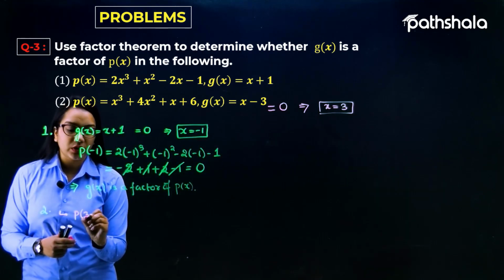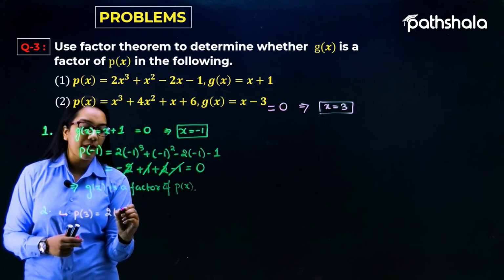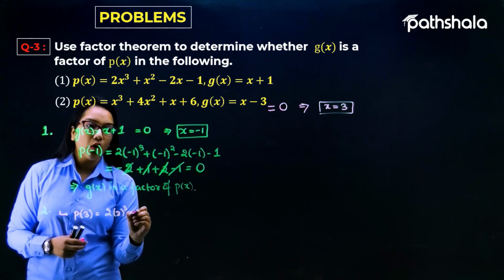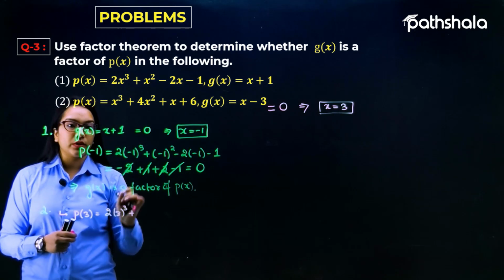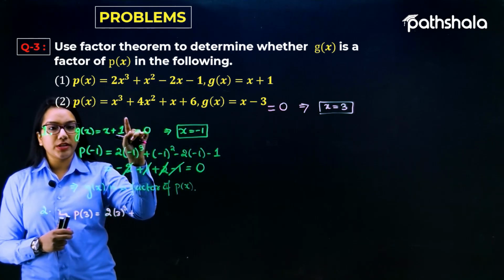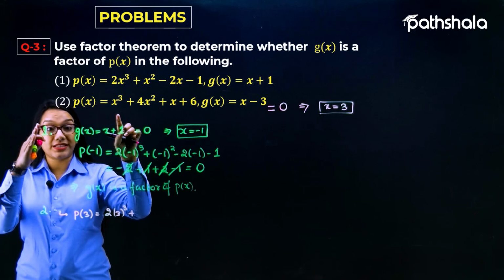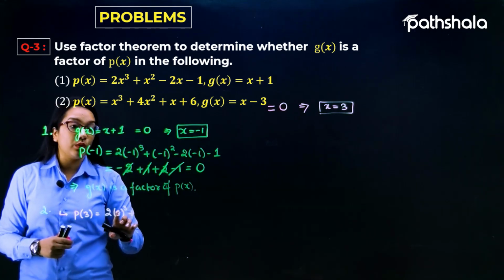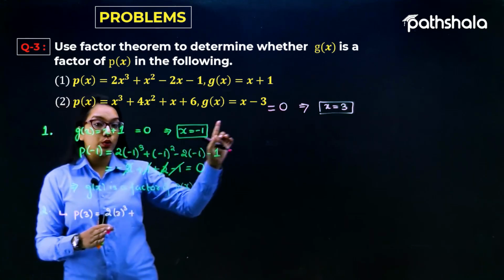So p of 3 would be like 2 of 3 whole cube plus... I guess the polynomial is different over here, as the polynomial p of x is x cube. So we are not taking 2 in here, we are only taking x equal to 3.